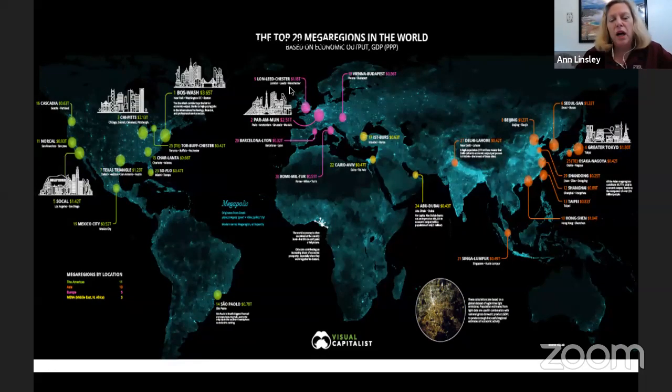So the word mega regions is not something we're going to see, but what happens once we get larger populations and your global city begins to stretch further and further into more peripheral edges, pulling in more edge cities, you're creating a mega region out of those particular global cities.